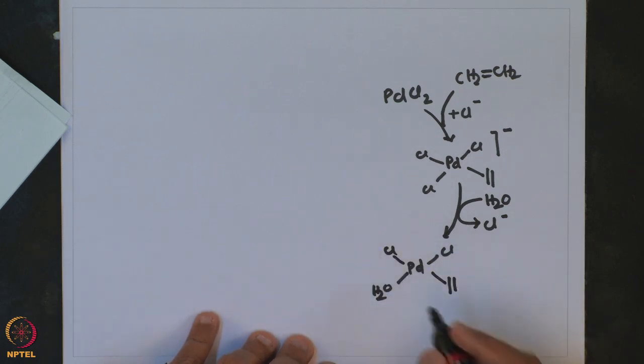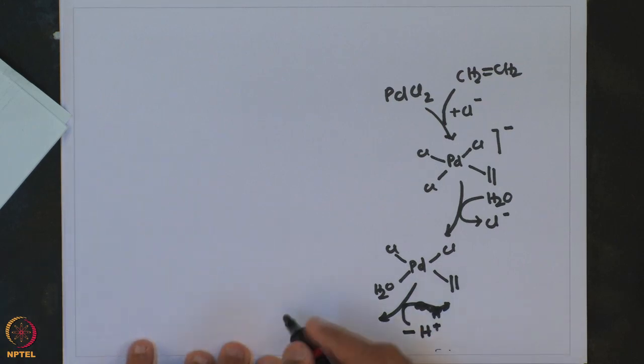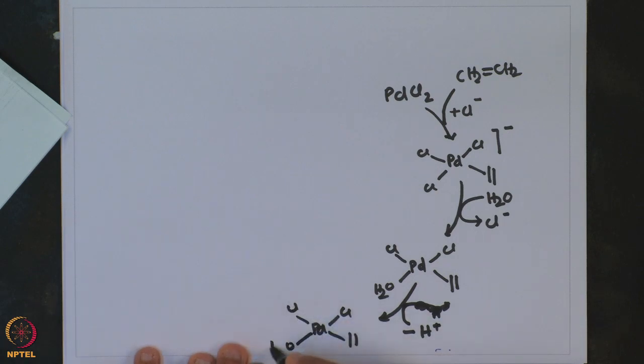This is a neutral complex which loses a proton to give a palladium hydroxo species, PdCl olefin ClOH.